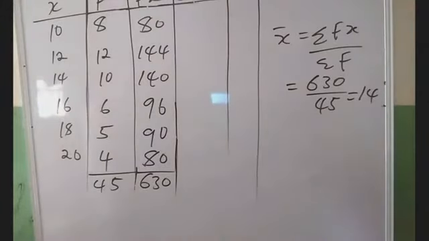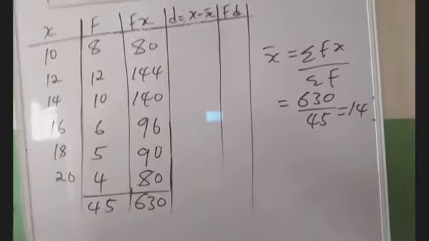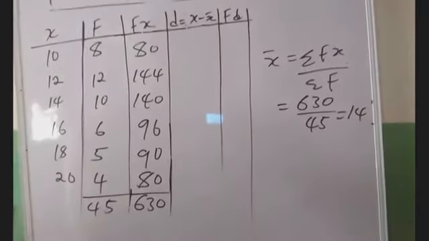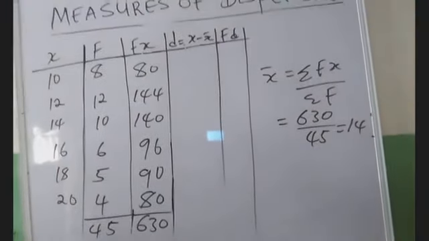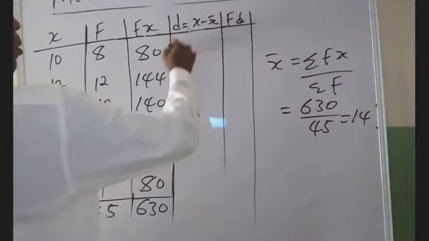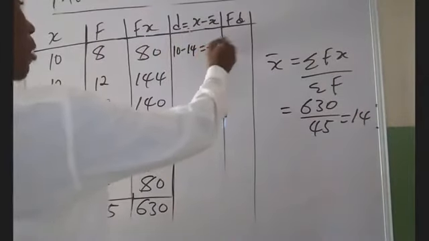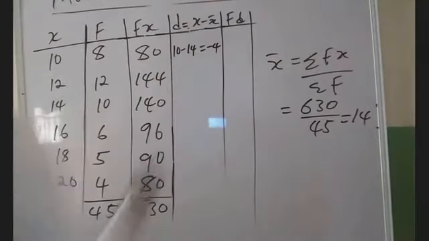Now, if the mean is 14, then we have to go back to the deviation. The deviation, we said, is x minus x̄. So here you have 10 minus x̄, that is 14. That will give you minus 4.